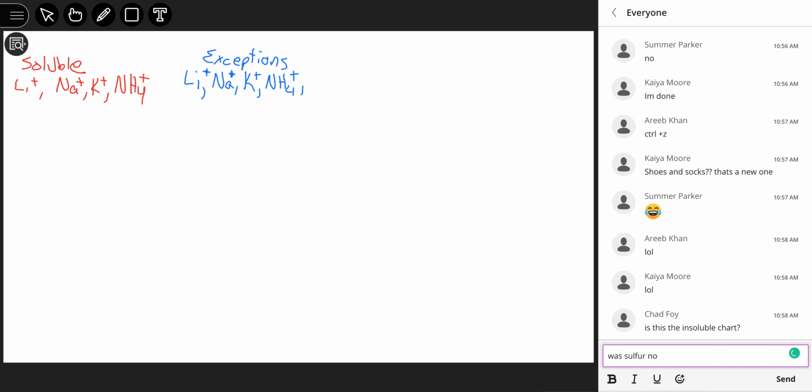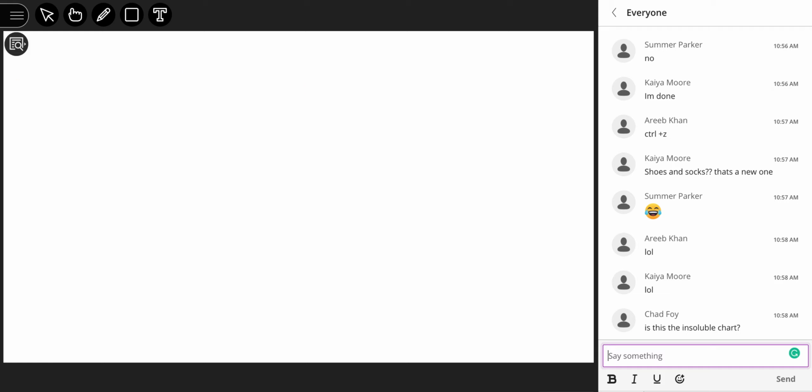Amelia, what's your question? I am very confused on the chart. I thought we were supposed to be doing the insolubles. And how is lithium soluble except with lithium? Well, you know what? When I rewrote the chart, I wrote it in such a hurry that I wrote it wrong. That is a very good question. We are doing the insolubles.